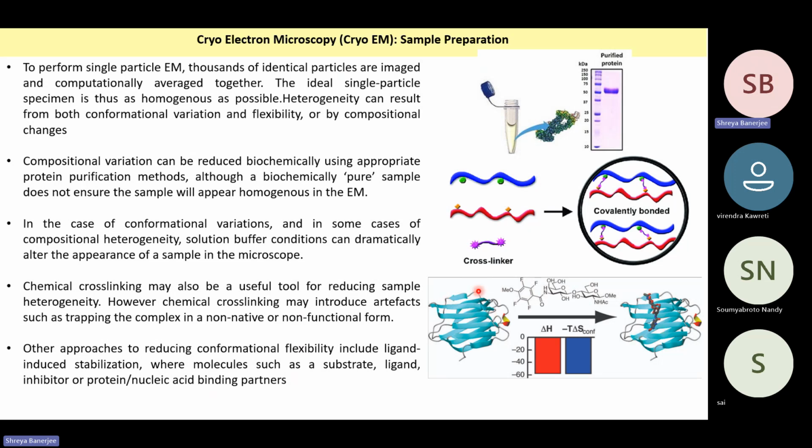So the protein, which was initially very flexible and used to move around a lot, by attaching the ligand, you are minimizing the movement of the protein. So if the movement of the protein is minimized, then the conformational homogeneity is increased. So this is another way in which you can reduce the dynamism of the system to get a clearer image by electron microscope.